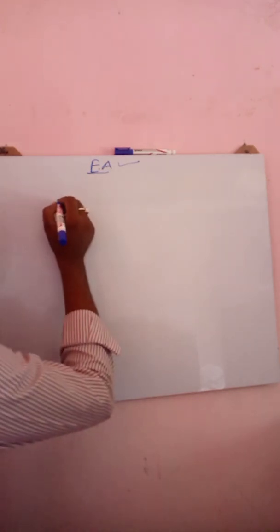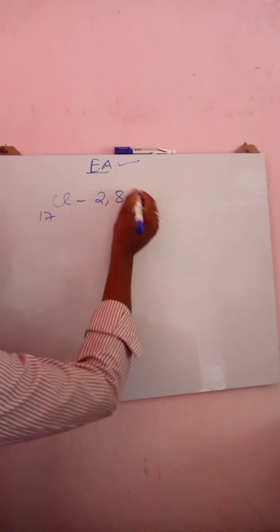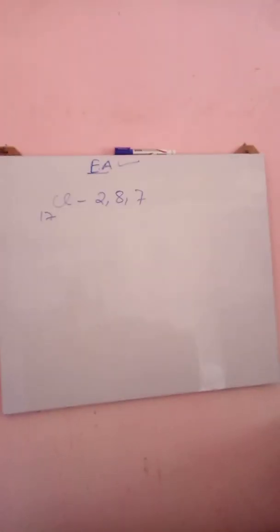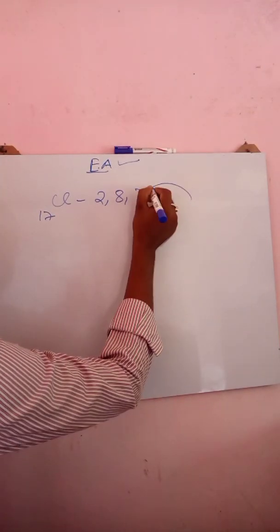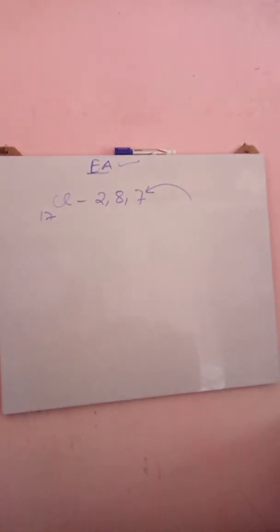Let us consider the example of chlorine. Atomic number 17, electronic configuration is 2, 8, 7. From the electronic configuration of chlorine, it is clear that to become stable, chlorine needs one electron. So how can chlorine get an electron? It gains an electron, or an electron is added in the outermost shell of chlorine.